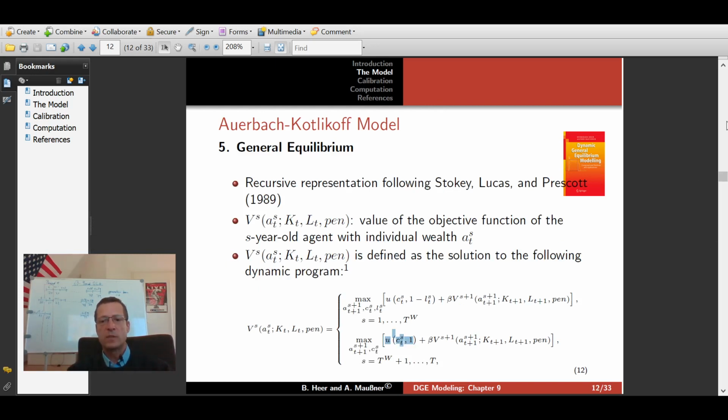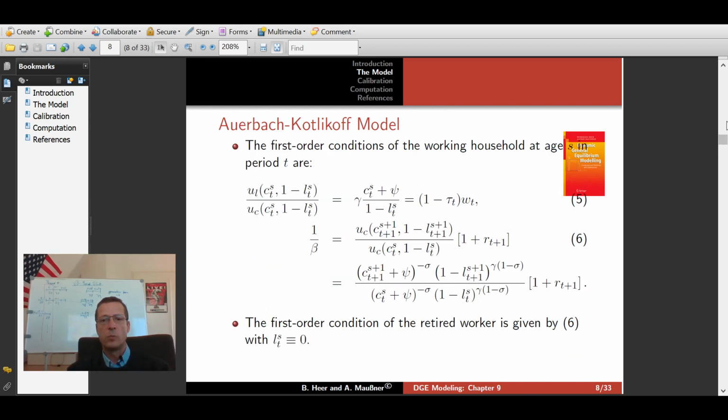Now the consumer's dynamic program, this is shown by Stokey, Prescott, and Lucas in their famous book, is given by the same solution that we derive from solving the first order conditions of the household.